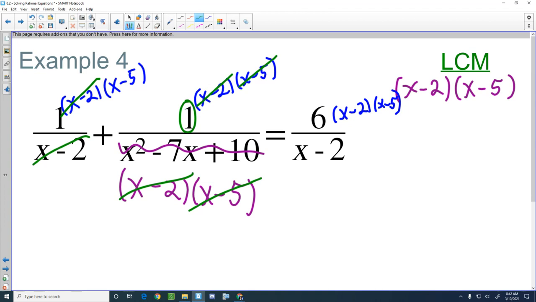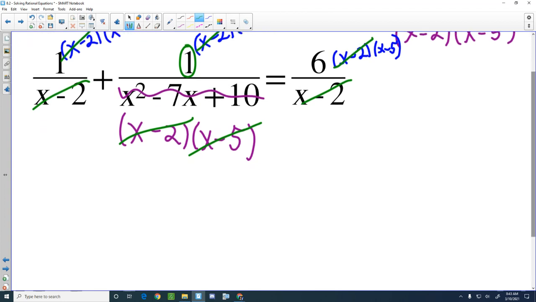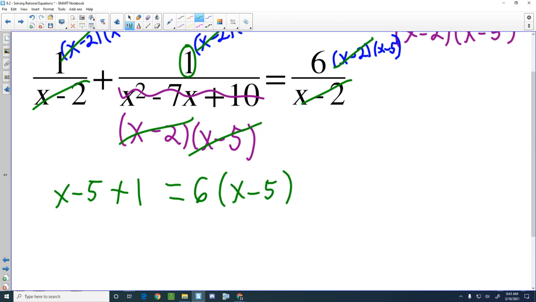This last one, those minus 2's cancel out. And so when we rewrite this, we're going to have x minus 5 plus 1. That plus 1 is coming from this middle fraction equals 6 parentheses x minus 5. And that's the equation that we're going to be solving.